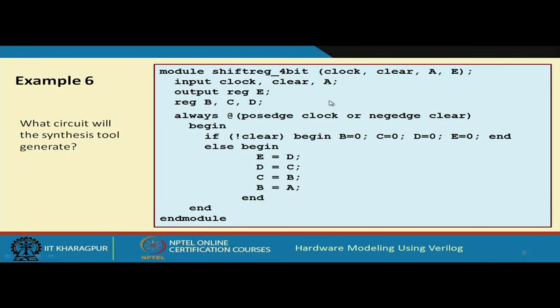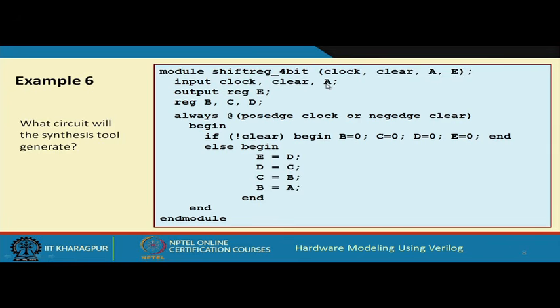Let us see. Here, as I said, our parameters are clock, clear, A and E. So, what is our A and what is our E? E is our input and A is our output.